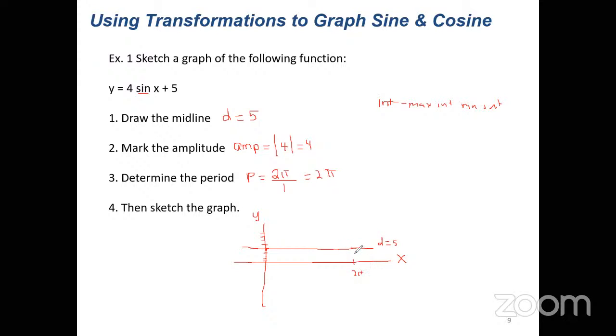And I'm sketching it. I know that the other intercept is at pi. And I know that the max occurs between 0 and pi, and it's pi over 2. And then we know that the other min occurs at 3 pi over 2. And so it looks like this.